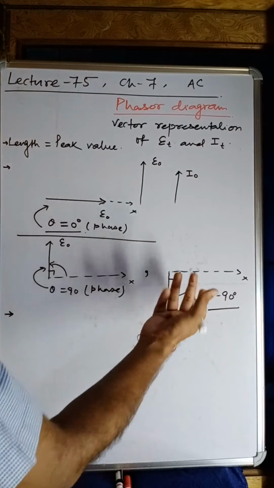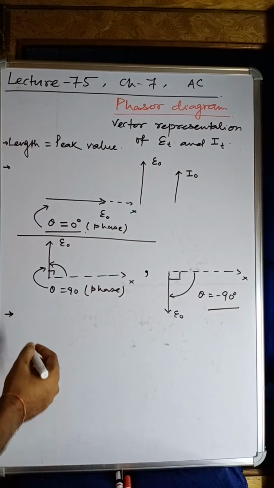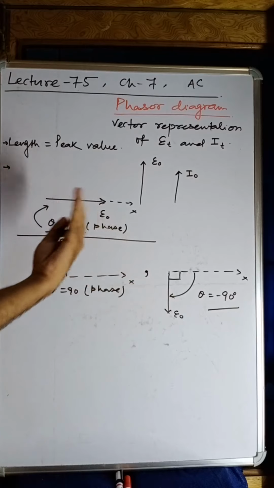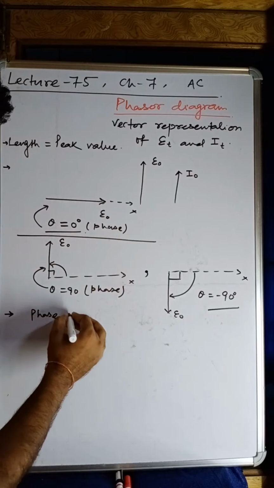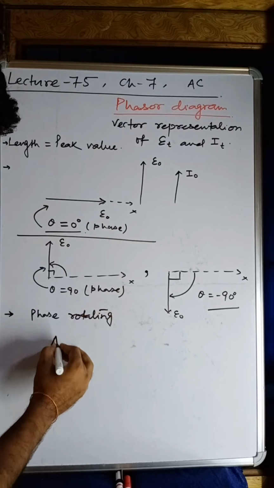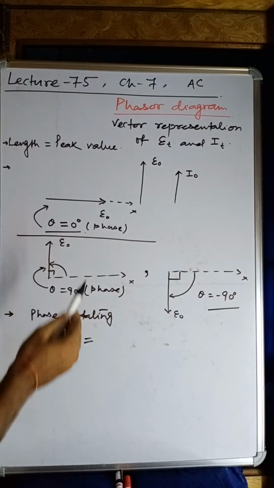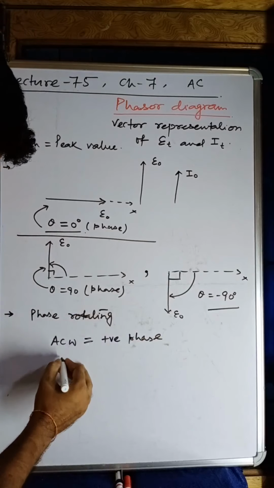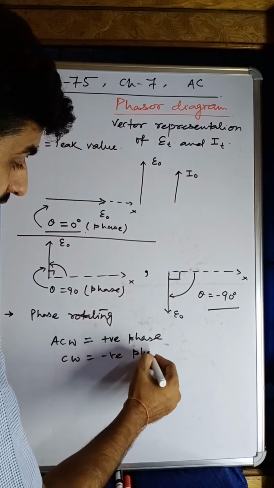So here we can say that if any phase is rotating anti-clockwise, like this way, it is a positive phase, and if it is rotating clockwise, then it will be the negative phase.